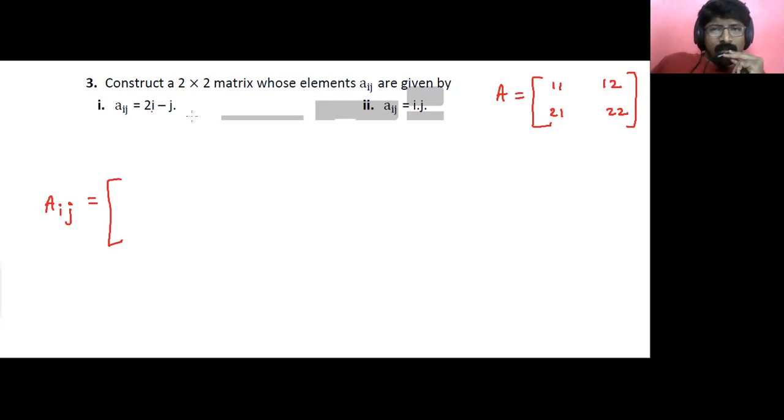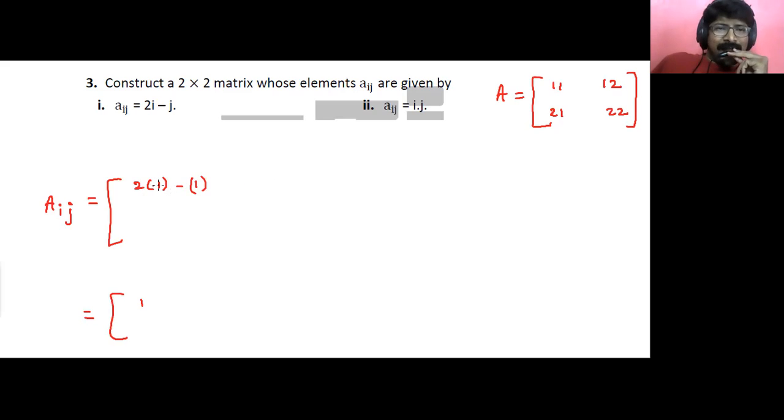So when i is 1 and j is also 1, what will this entry become? 2 into 1 minus j, and j is also 1. Are you getting it? So that will become 2 minus 1, which is 1. I hope you understood.